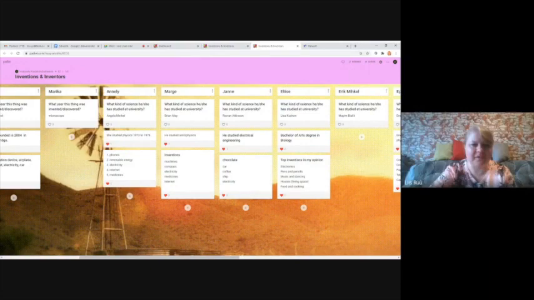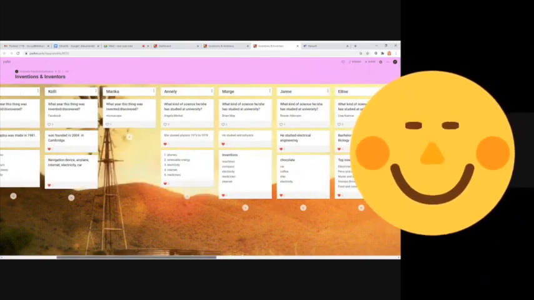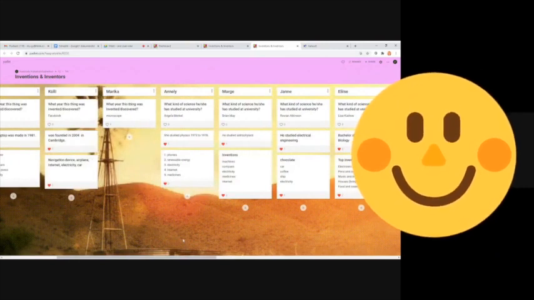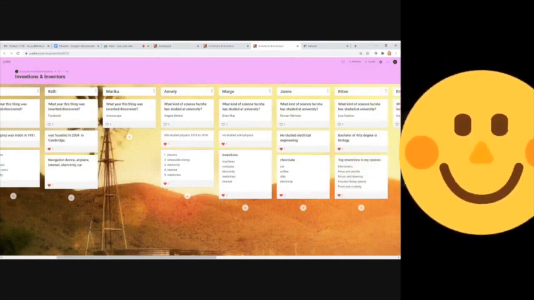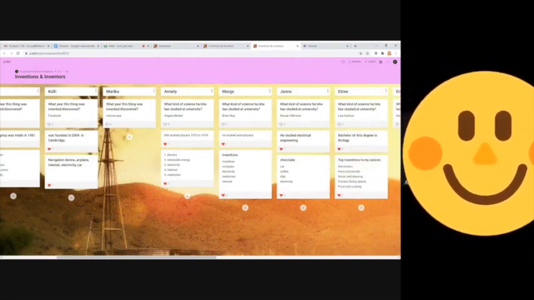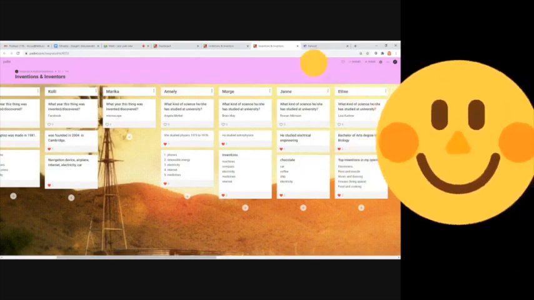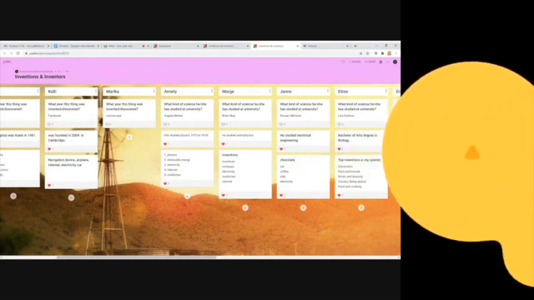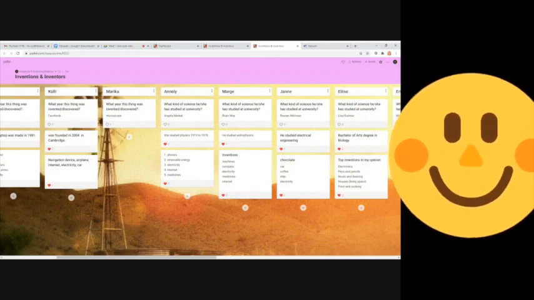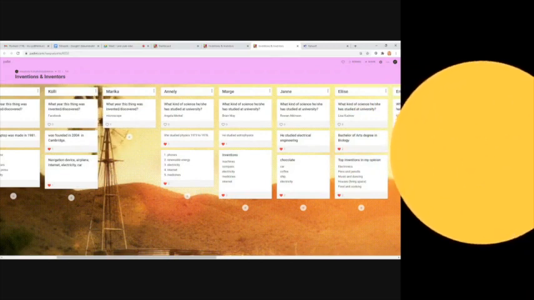Thank you. Anneli, your list. Number 1 is phones. It's a fast communication way. Number 2 is renewable energy, for example solar panels and wind turbines. It's a way to have electricity without harming the environment. Number 3 is electricity.